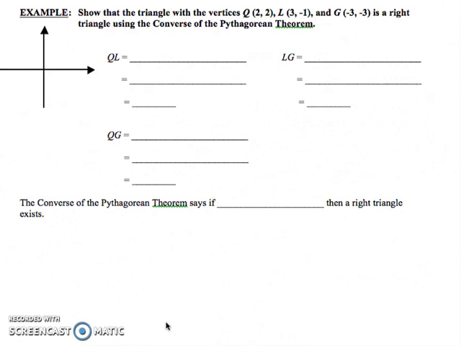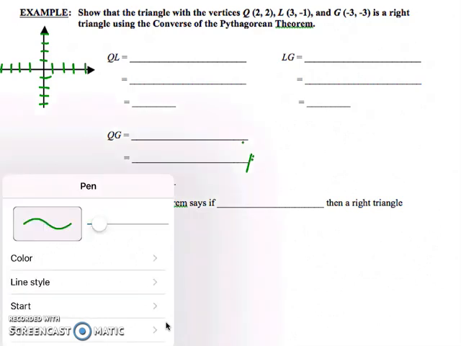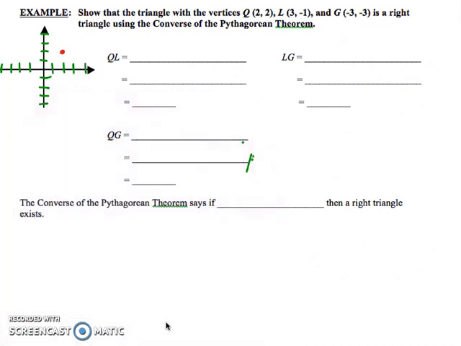So we have a little graph here where we can make a picture. And so if we just quickly plot our points, Q is (2, 2), L is (3, -1), and G is (-3, -3).